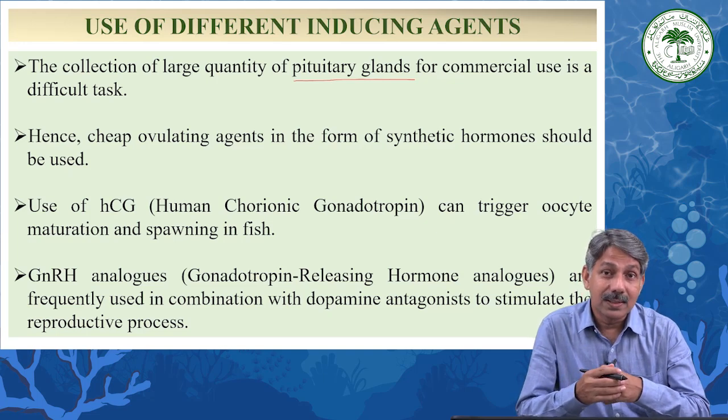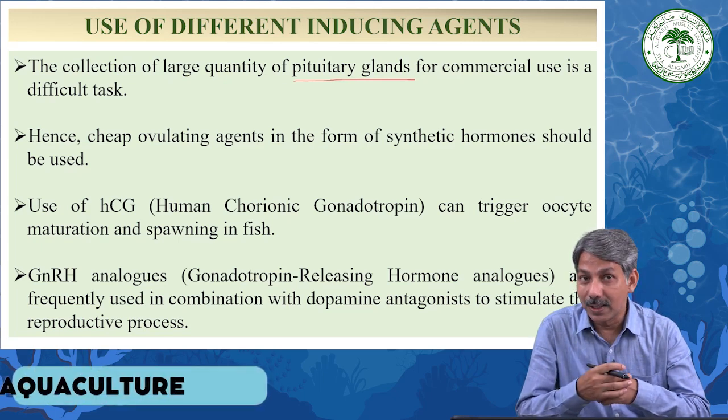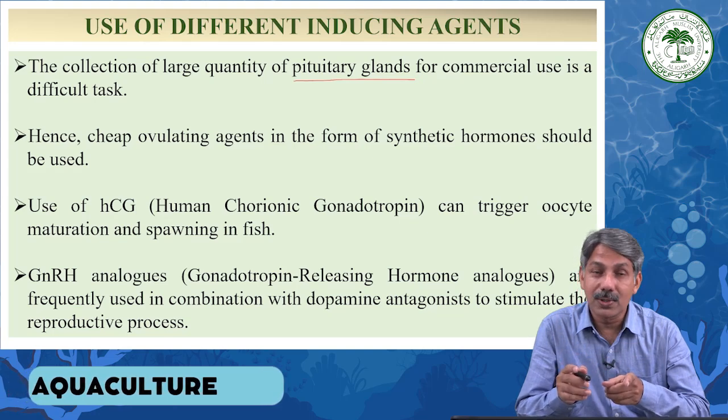Not only this, there is one more complicated process while using pituitary gland for induced breeding: you have to give a split dose, one first preliminary dose and then a resolving dose to the female. So, 2 doses are to be given to the female.